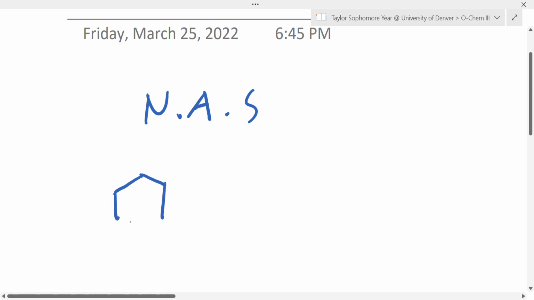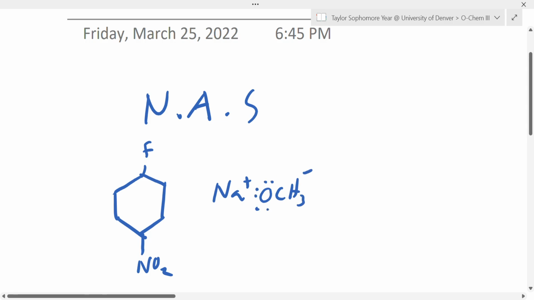So we have 4-fluoronitrobenzene, and now if we were to attack this with Na plus and OCH3 minus, this fluorine in the para position would be removed through addition.